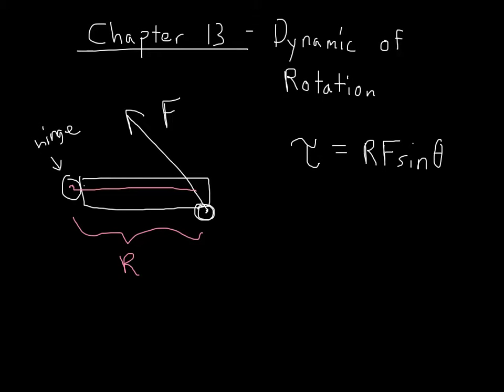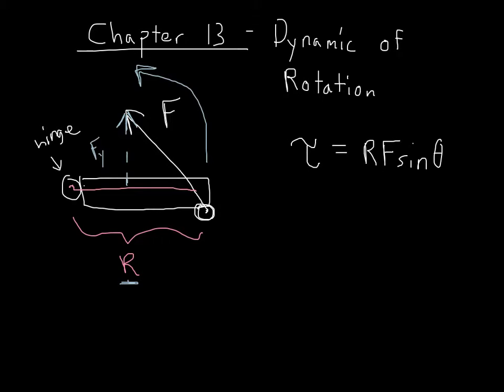The door is going to rotate about that axis of rotation. The only force that's responsible for rotation is the force that acts perpendicular to my radius. So it's going to be Fy.